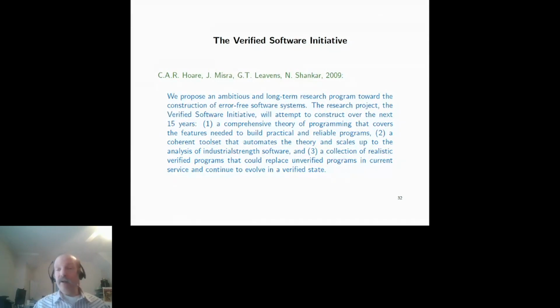So 15 years will be in about 3 years. Are we going to get there yet? I don't think they would have agreed that by 2024 their ambitious goal has been met. I think there was some progress, but we can't say we have fulfilled the 3 legs of the Verified Software Initiative.